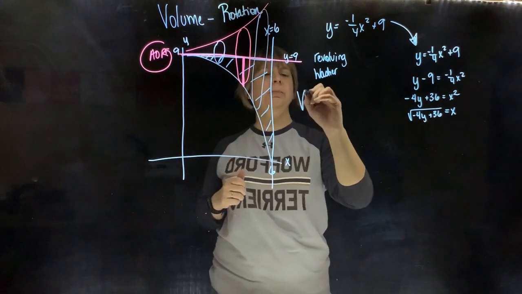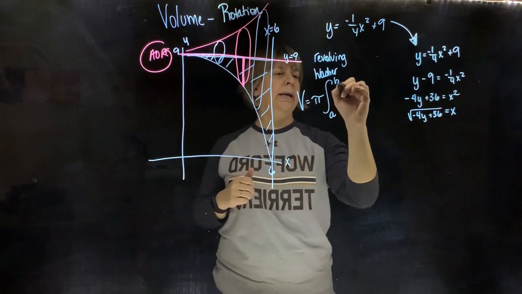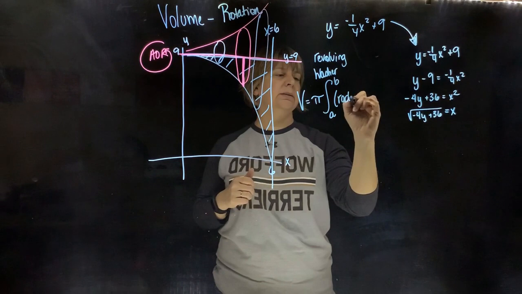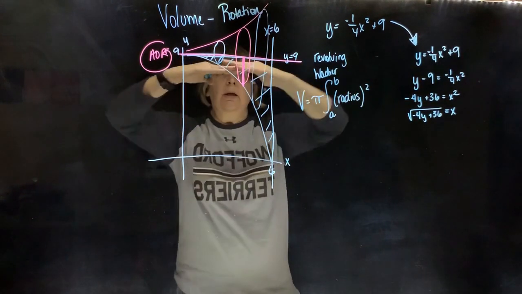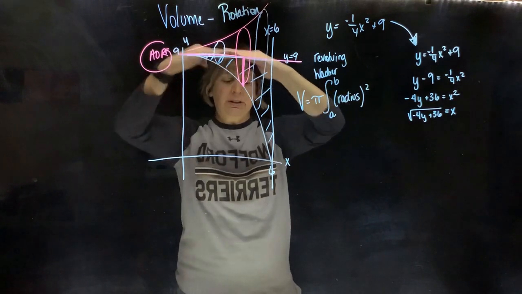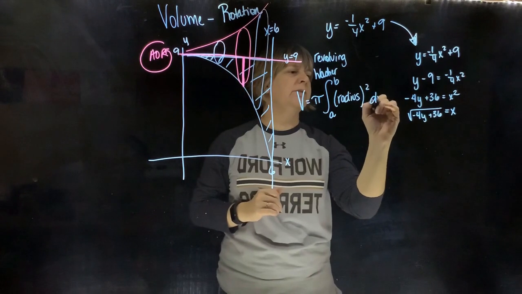So our formula is still pi, integral from a to b, of the radius quantity squared, and because our axis of rotation is parallel to the x-axis, this is a dx.